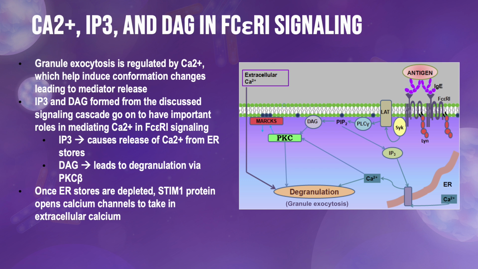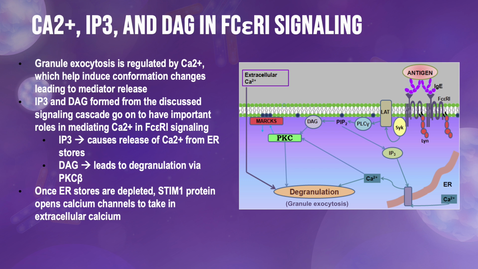So IP3 and DAG each do their own thing that is very important to how calcium, the high affinity receptor signaling, and degranulation are related. DAG itself is going to lead quite directly to degranulation. And degranulation is going to result in a decrease in the calcium.